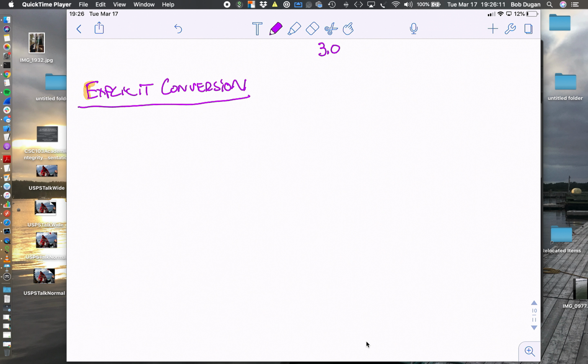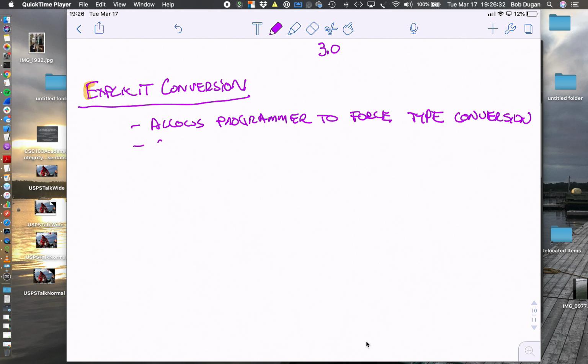An explicit conversion allows the programmer to force a type conversion. And this is common with narrowing conversions.